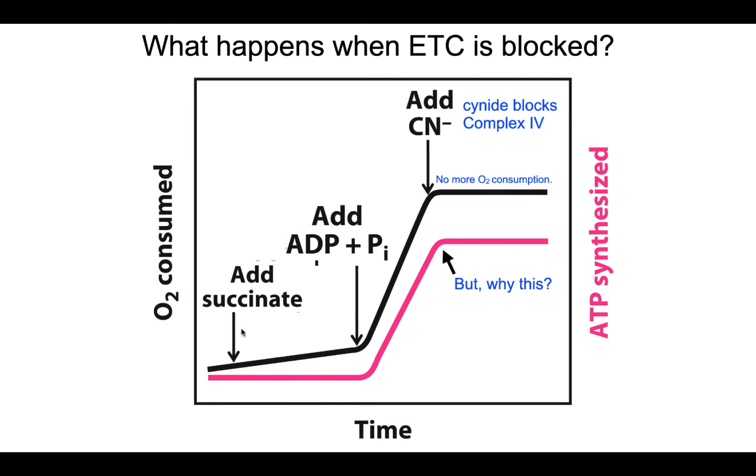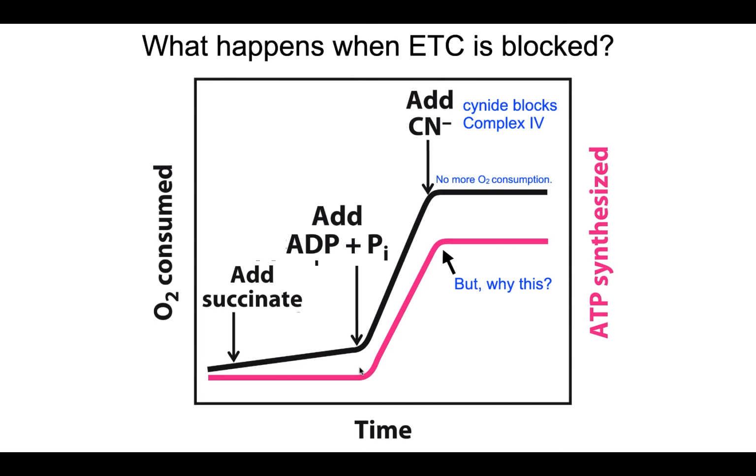Then we add to it succinate. Now that is our source of electrons that is going to be run through the electron transport chain, and that is going to allow protons to be pumped. But notice we don't get any production of ATP until we get ADP and inorganic phosphate added.